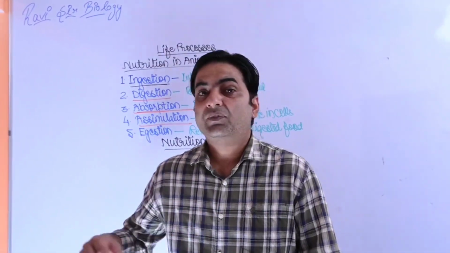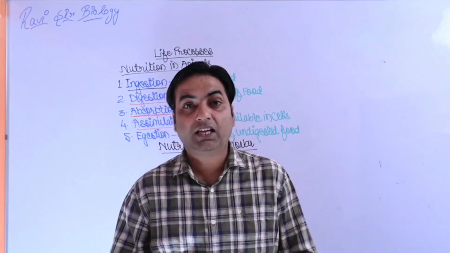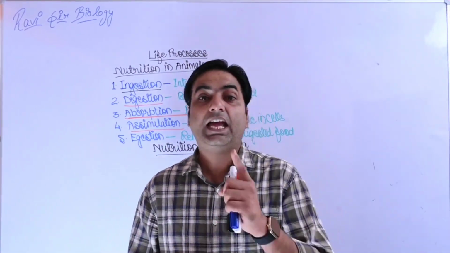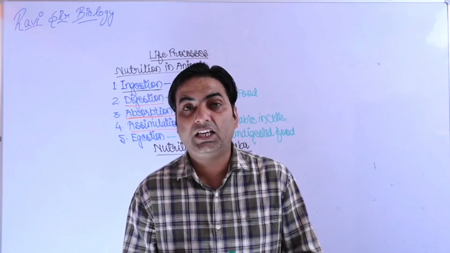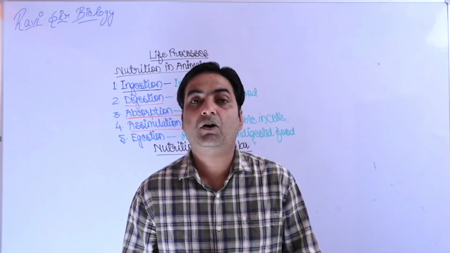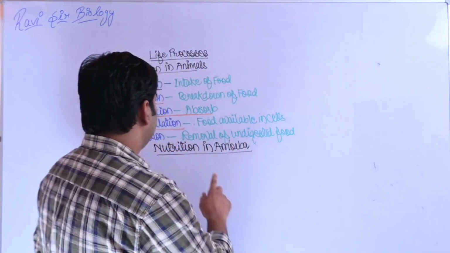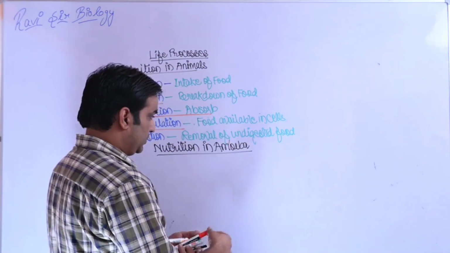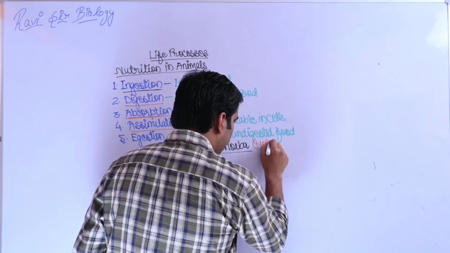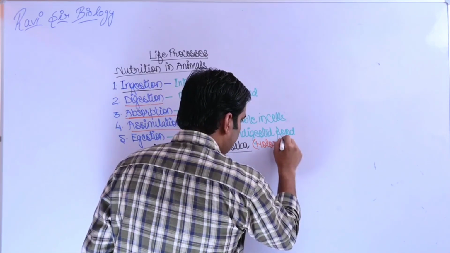So this is the animal, amoeba. Like us human beings, they perform heterotrophic nutrition, and they go through holozoic nutrition, a type of heterotrophic nutrition. Let me write it in a bracket: holozoic nutrition.